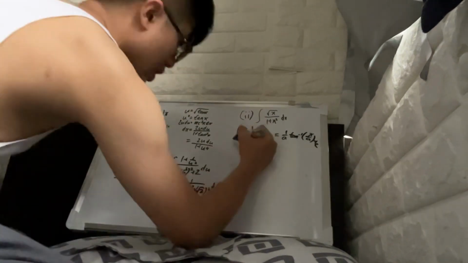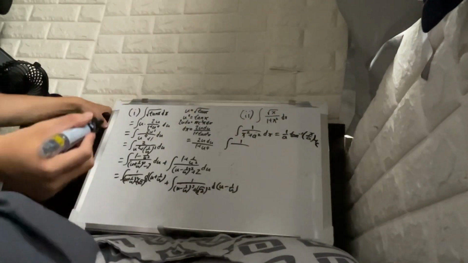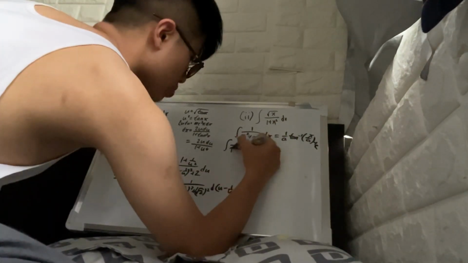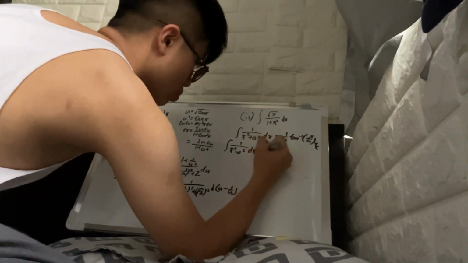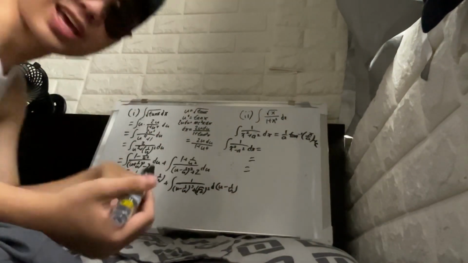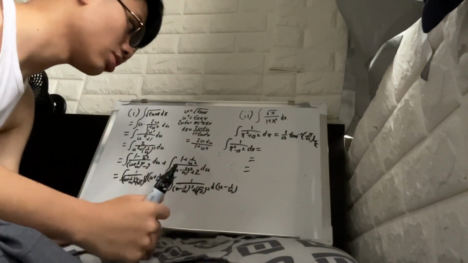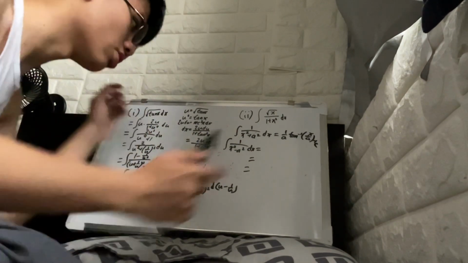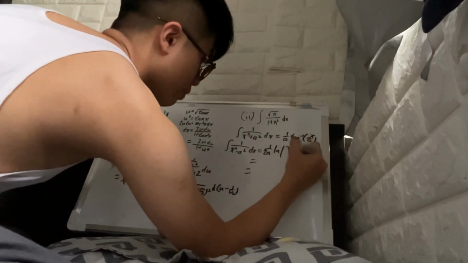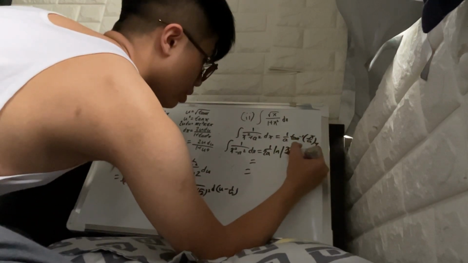The second one is kind of crazy. The integral of 1 over x squared minus a squared dx. We have 3 versions of it. The first one, just don't care. You just use the partial fraction. Partial fraction, you get 1 over 2a times ln absolute value of x plus a over.